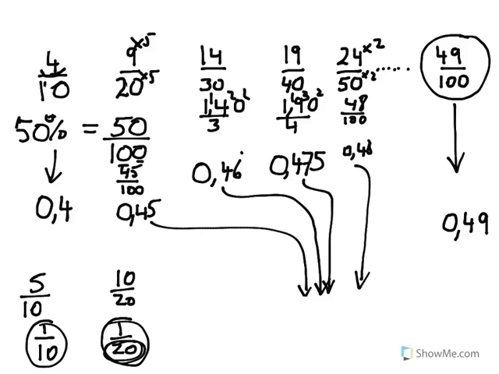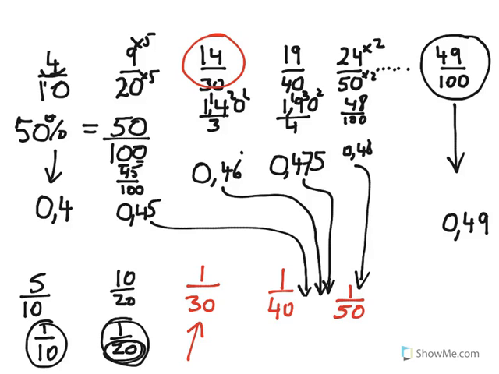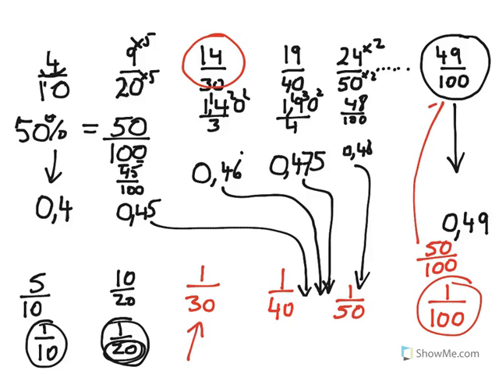If we look at 14/30ths, that is only 1/30th away from 50%, and 19/40ths is 1/40th away from 50%. 24/50ths is 1/50th away from 50%, and 49/100ths is 1/100th of a distance away from 50%, because 50% would have been 50/100ths, and we had 49/100ths, which is only 1/100th away, which is very, very close.